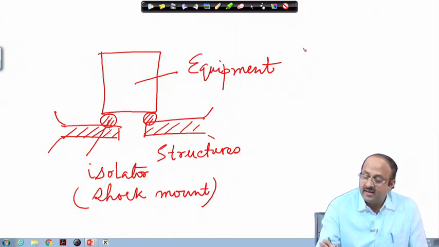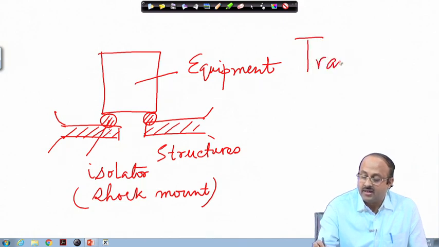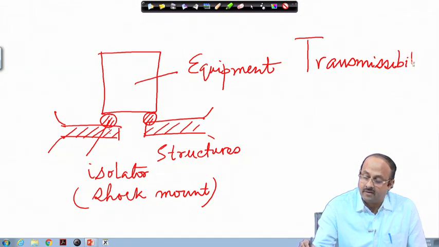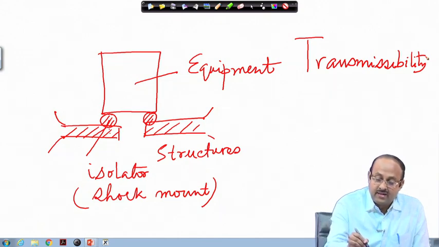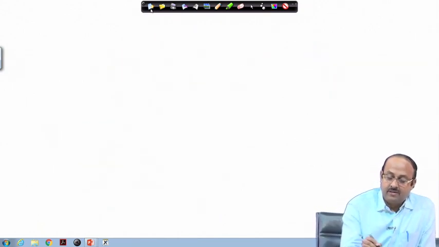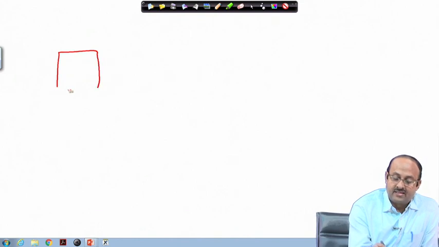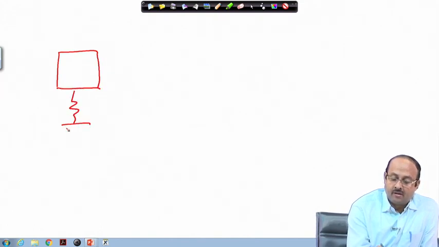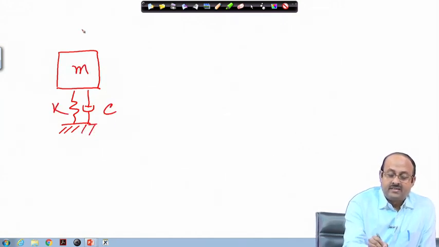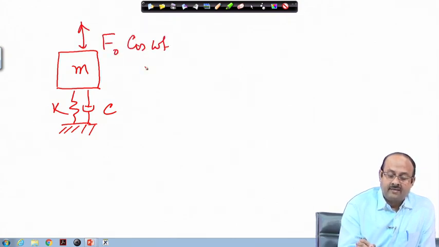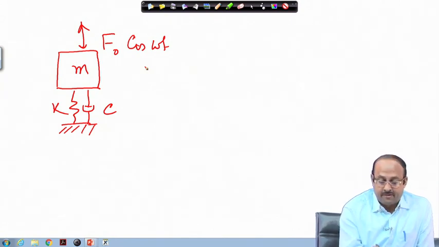So, the main criterion for vibration control is actually the transmissibility, which we learnt in the last class. So, let us quickly recapitulate what is meant by transmissibility. If you have a vibrating system which may have a certain damper, so M, K, C, and if this is excited by a certain force F naught cosine omega t, then there is a force transmitted.